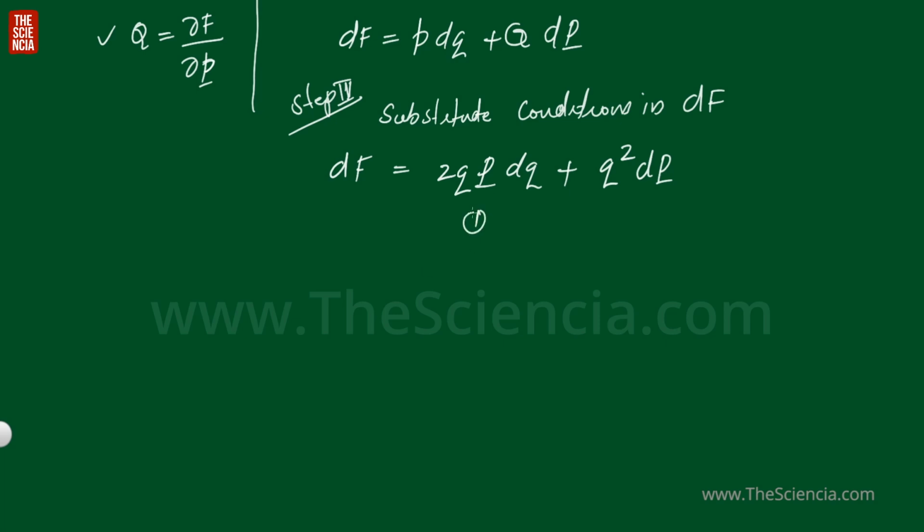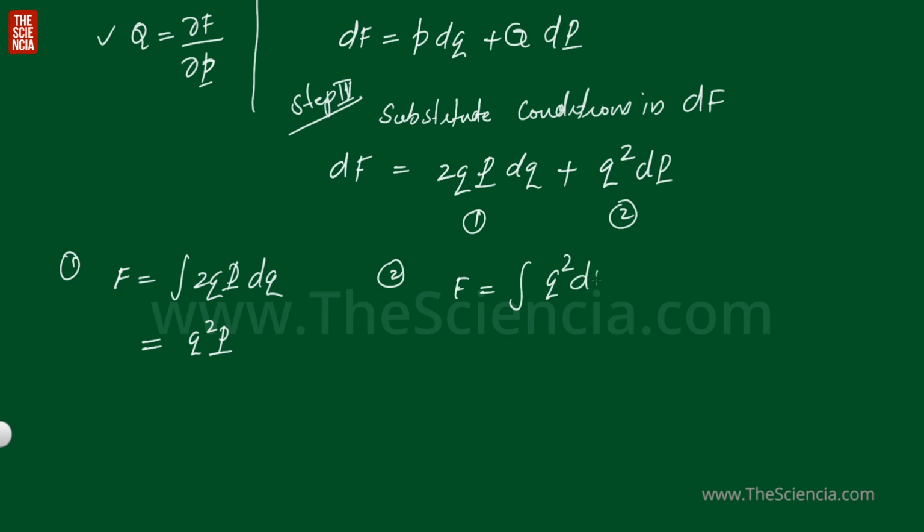So we got two equations, 1 and 2. By integrating either one of 1 or 2, you can find the generating function. So you have to choose which one is easier. First I am choosing the first one. Then what do we get? F equal to integral 2q capital P into dq. So we get q square P. Suppose you choose the second one, that is f is equal to integral q square dP.